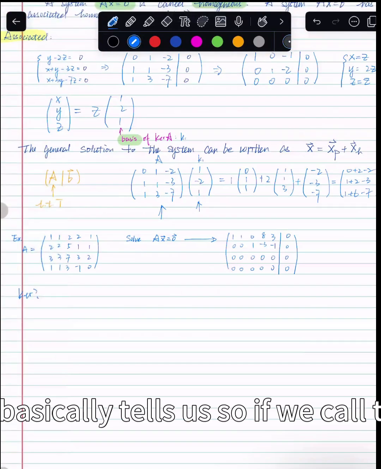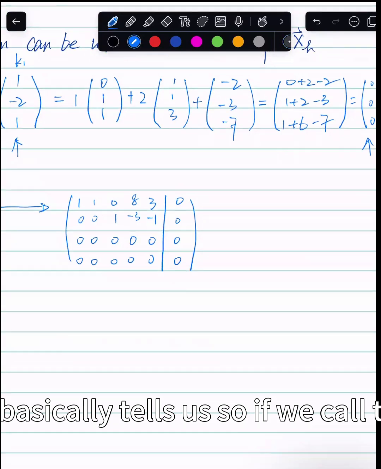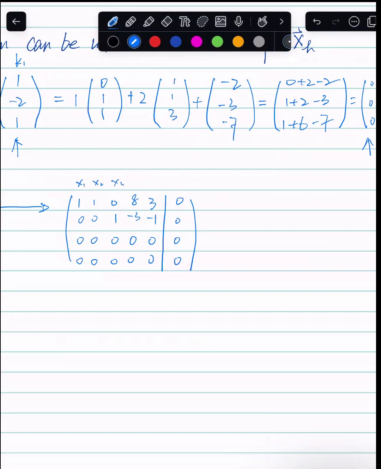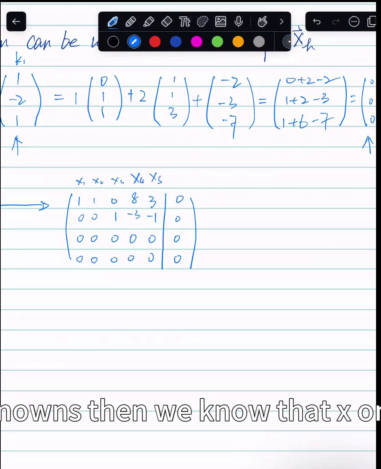Okay, so this matrix basically tells us, if we call the unknowns x1, x2, x3, x4, x5, we have 5 unknowns.